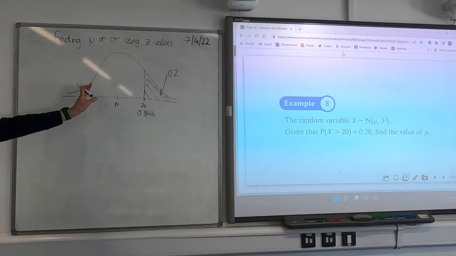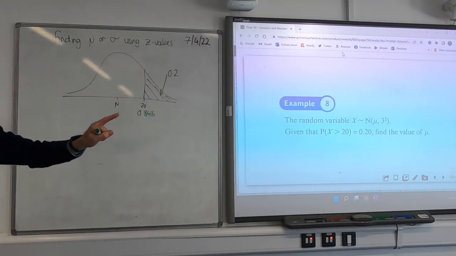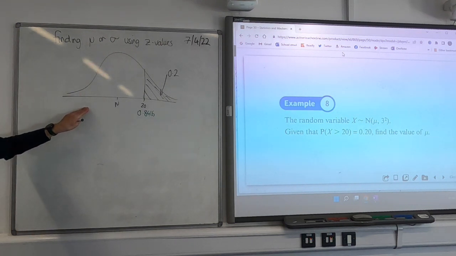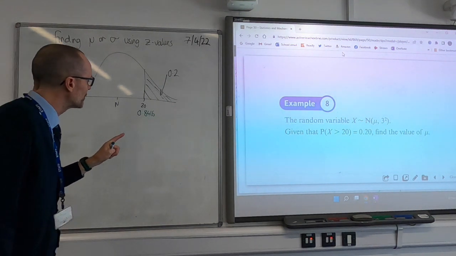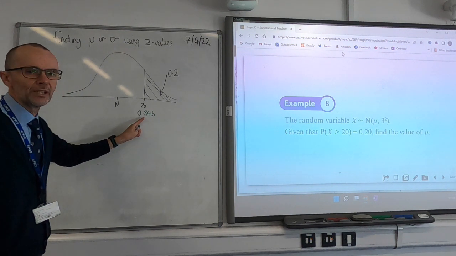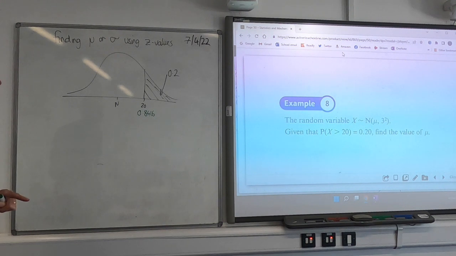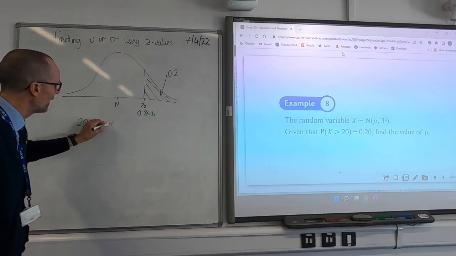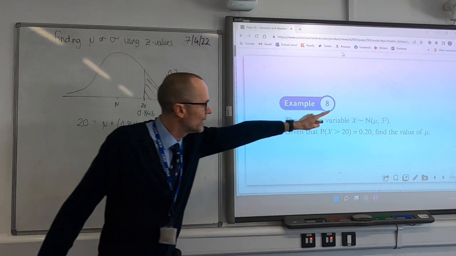And that would work at this end if it had been the probability x is less than 20 is 0.2. It would have worked that way, except it would have been minus 0.8416. So I know that 20 is that many standard deviations above the mean. So I know that 20 is the mean plus 0.8416 standard deviations.